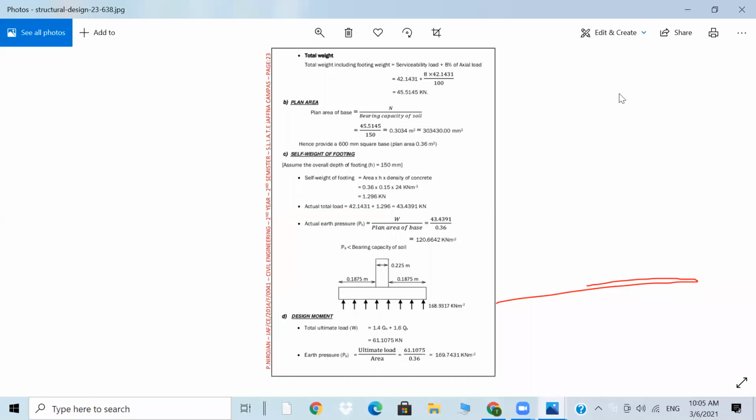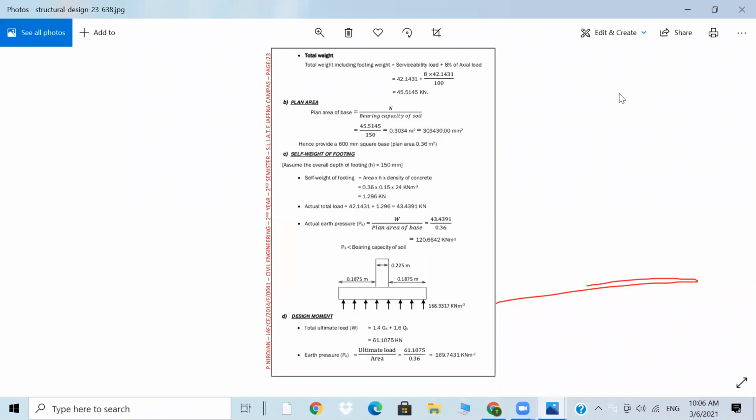We assume that the bearing capacity of the soil is 150. So altogether the required area is 0.3 meter square. So it will be like a 600 by 600 base. You need to assume that the area will be coming 0.36. The required area is 0.30.